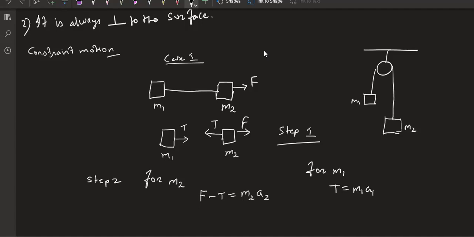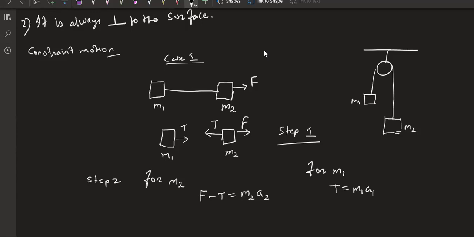And that's the concept now. M1 is moving because of tension. That's the concept. M1 is moving because of this tension. Because this tension is also there now. If you're pulling this mass M2, then because of this tension, M2 is being pulled backward. Got it?